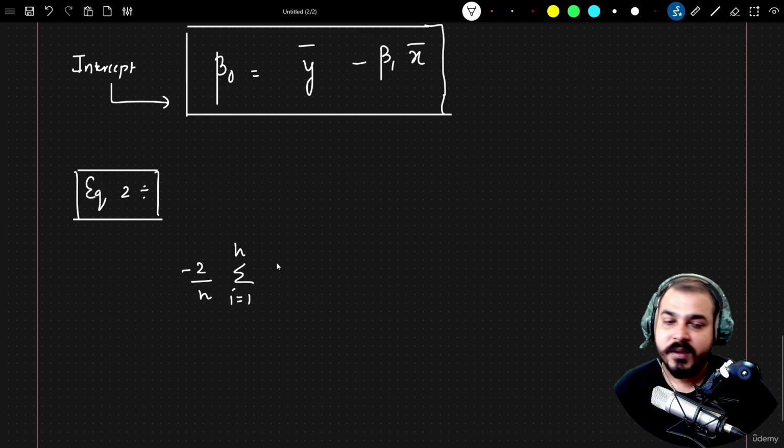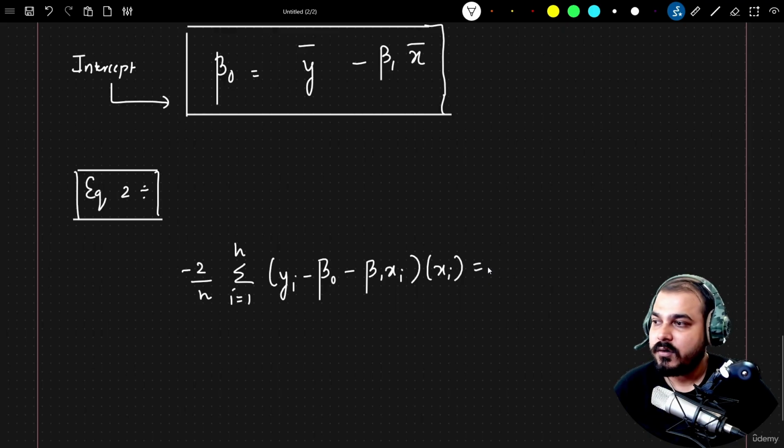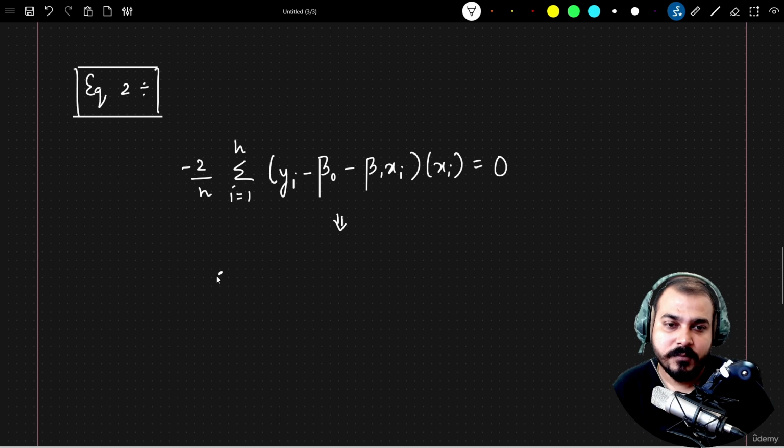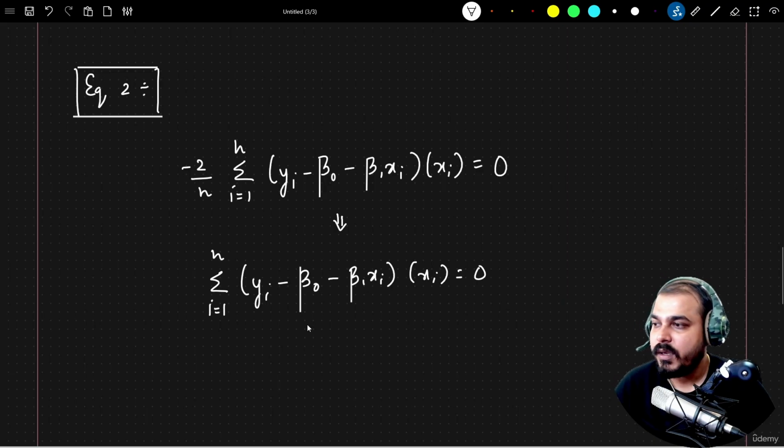Summation of i is equal to 1 to n, y of i minus beta 0 minus beta 1 x of i multiplied by x of i, right, is equal to 0, right? So this is the equation that I actually have. Now this 2 will go to the denominator, n will go to the numerator, so everything will become 0. So now I can write this equation as, again same thing, summation of i is equal to 1 to n, y of i minus beta 0 minus beta 1 x of i multiplied by x of i, which is equal to 0. Okay.